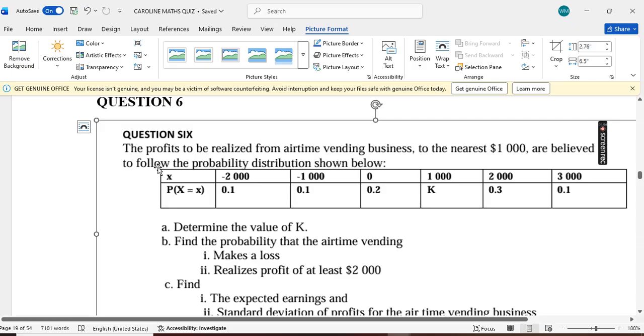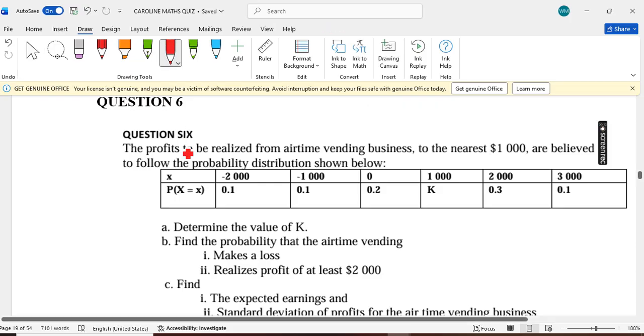...are believed to follow the probability distribution shown below. Okay, so colleagues, here on this table, this X represents the profits. Here you've got a loss of negative 2,000, a loss of negative 1,000, 0 is when you break even, then you have a profit of 1,000, a profit of 2,000, and a profit of 3,000.